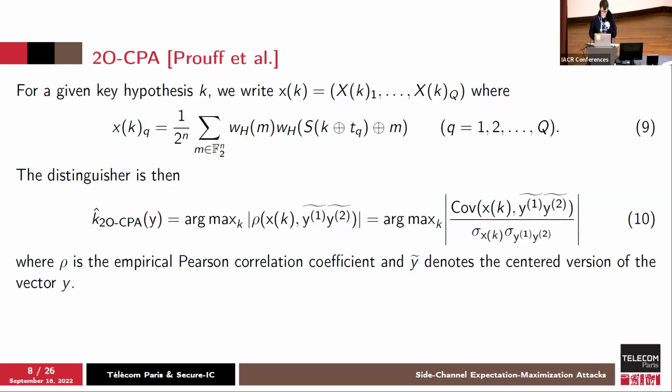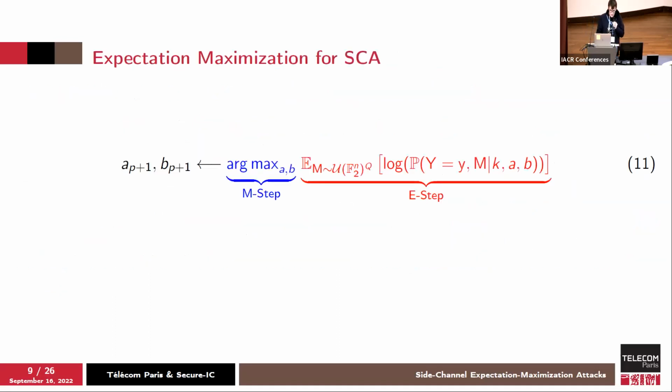So now we dive into expectation maximization for side channel analysis. It is made of two steps. So it is an iterative algorithm. At first, you initialize arbitrarily your parameters A and B. If you have a guess, it's better, because this is one weakness of EM: it depends on the initialization.